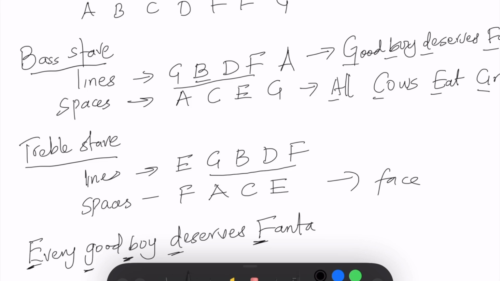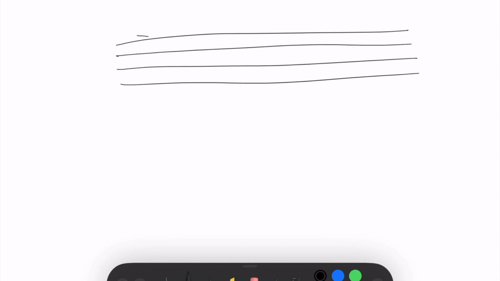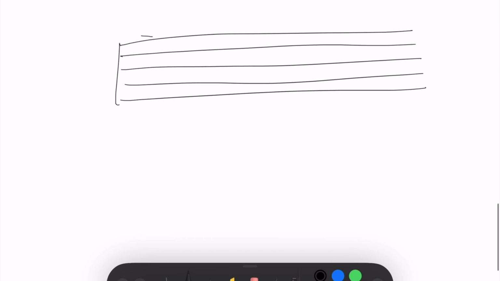Some of the questions that will be given to you in the assignment would have some of these elements that I'm about to show you. Let's see. You could be given a question like this, and you are asked to tell what note is that, the letter name for that line, or the letter name for this.